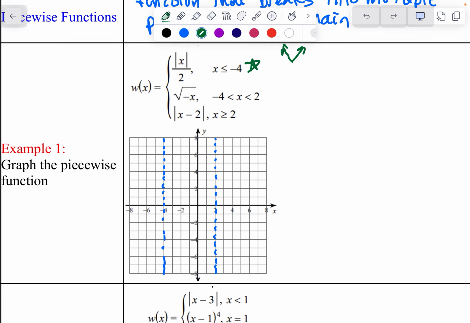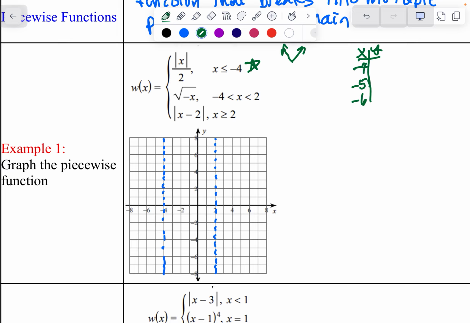Because -4 is on our border, I definitely want to see what -4 is doing. And then anything less than -4, why don't we plug in -5 and -6? Now we know it's a v, but we only get to show up in that portion of our border.